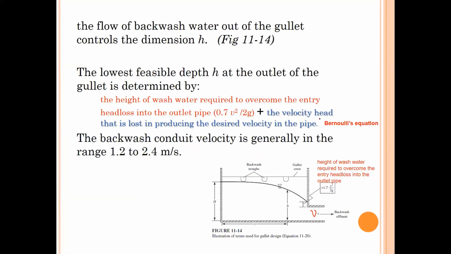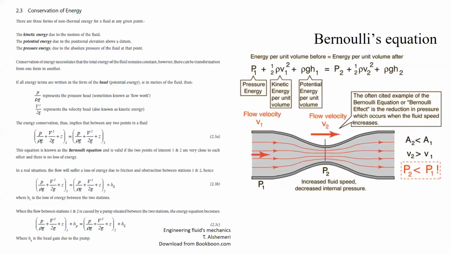We can derive it from the Bernoulli equation. If you have studied the Bernoulli equation, then you can remember it. If there is a pipe like this, and there are two points, one somewhere here and another somewhere here, then the energy per unit volume before and the energy per unit volume after will be equal.